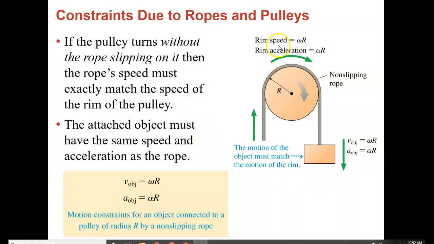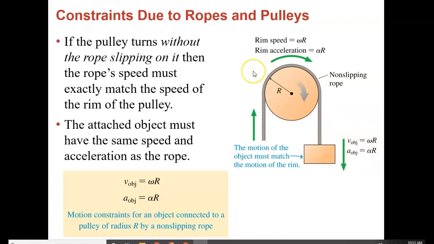So the rim speed is angular speed times your radius, just like we talked about with angular and linear speed. The acceleration is angular acceleration times the radius, which means that your object's velocity and its acceleration must be the same.